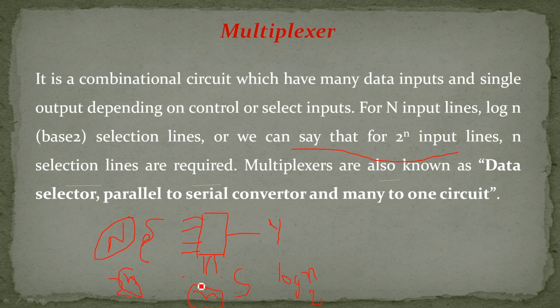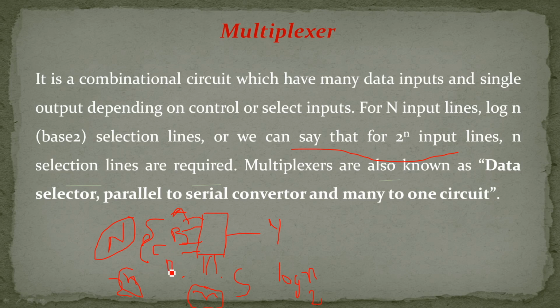Multiplexers are also known as data selector, parallel to serial converter, and many to one circuit. First, data selector. Here we have different inputs: input A, input B, input C, input D. These inputs may be 0 or 1 or anything.